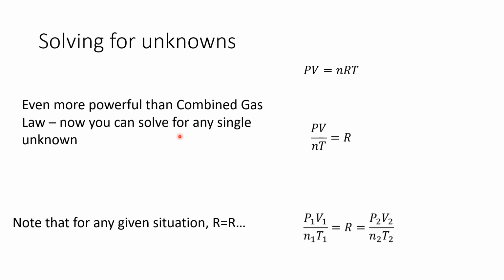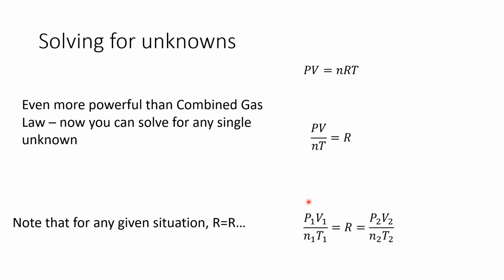So your starting pressure times volume divided by number of moles times temperature is equal to R. And your final pressure times volume over moles times temperature is still equal to R. So now the moles are involved, kind of like the combined gas law, but now it's got moles down here, and that's going to solve almost all the problems.